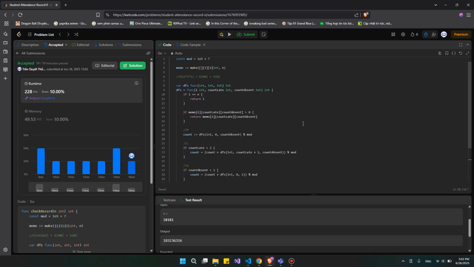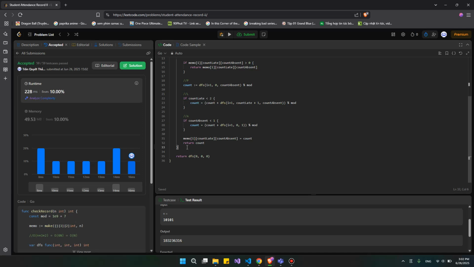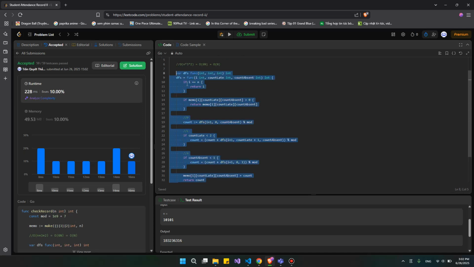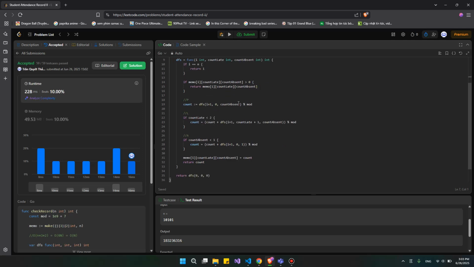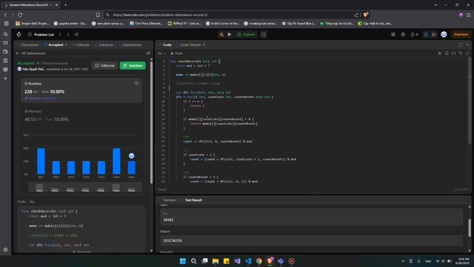And it is the task for you. Can you change it to an iteration solution? We will give it a look.